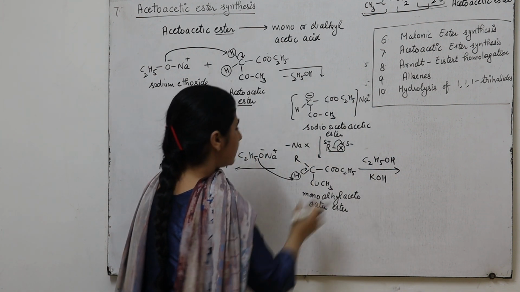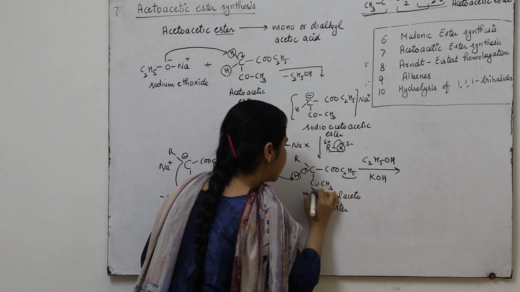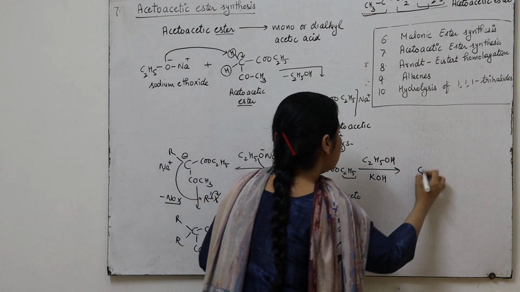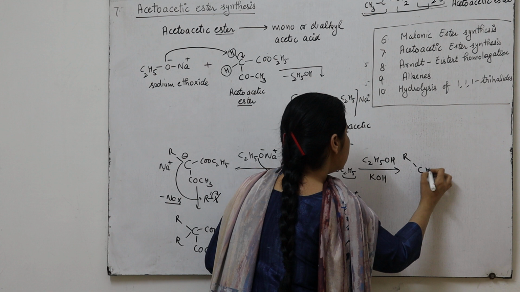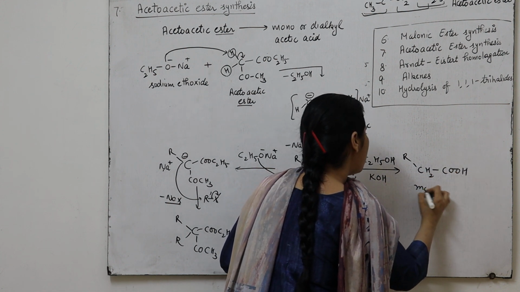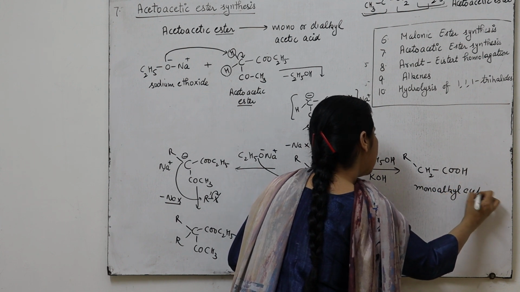So in this case, ethyl alcohol is eliminated and acetic acid is eliminated, and we get RCH2COOH. So this is a monoalkyl acetic acid.